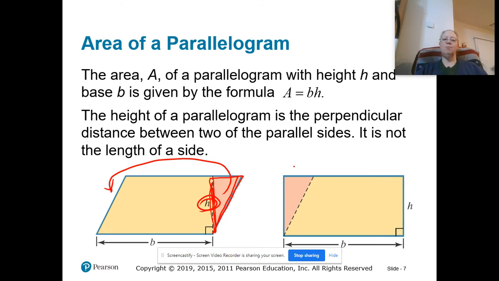So the area of a parallelogram is our base, which is equivalent to our length, times our height, which is equivalent to the width. So base times height. Now, be really careful. Do not use this measurement right here for the height. It is not the same thing as the actual height, which goes this way. So watch out for that.